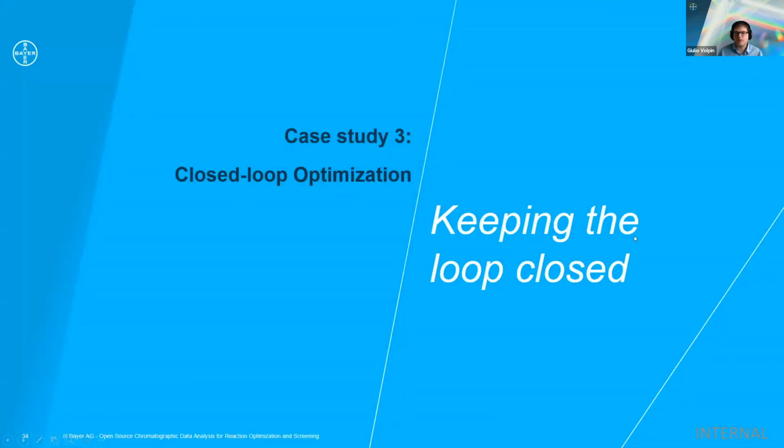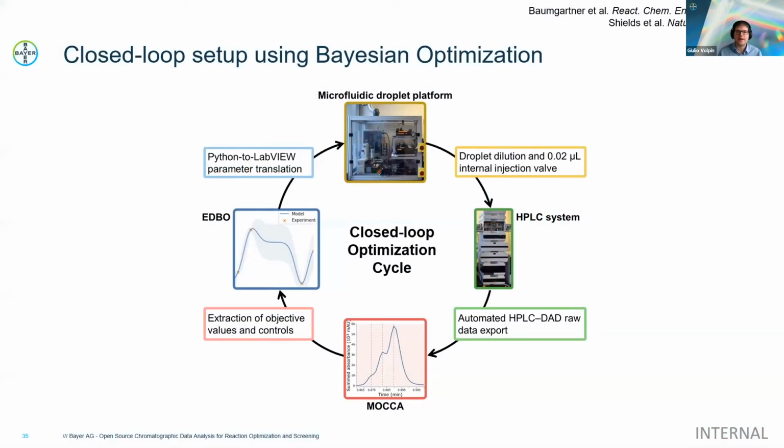And through our partnership with MIT, we had access to a microfluidic droplet platform, which has been developed in 2018 by the Jensen Group. And this platform is able, through the liquid handler and a series of syringe pumps and an oscillating droplet reactor, to set up reactions with a variety of liquid reagents and run the reaction by residing this reaction within the droplet reactor that oscillates back and forth, then quench the reaction, analyze it.